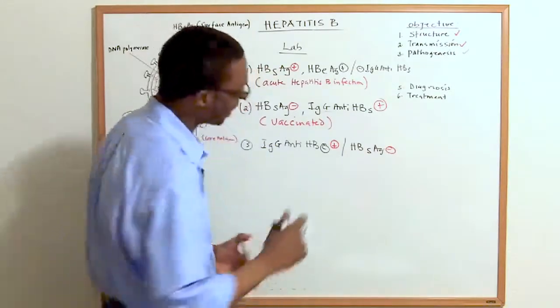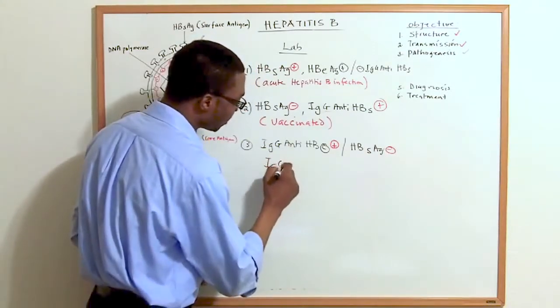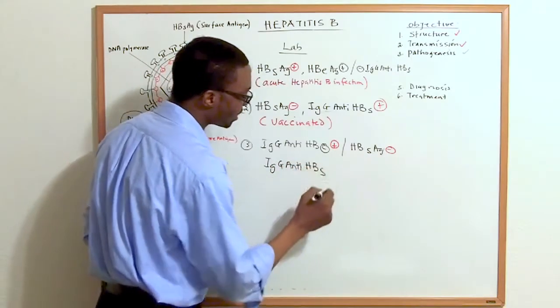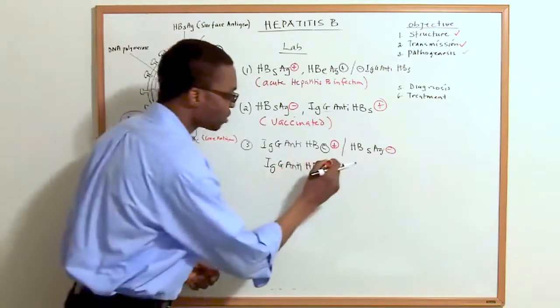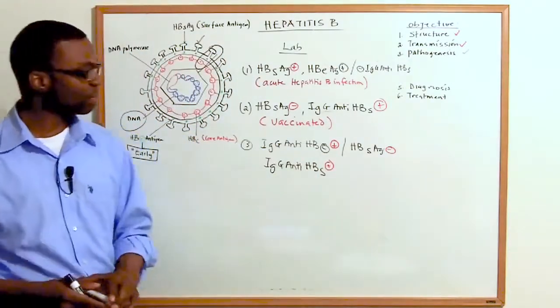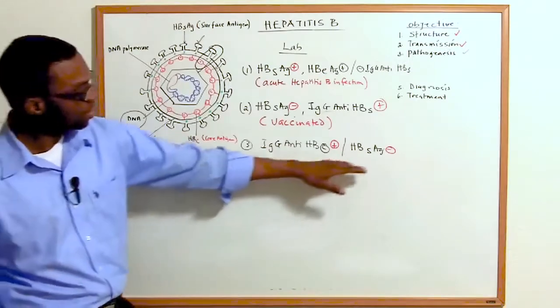Also, they have an IgG anti-hepatitis B surface antibody that comes back positive. What do you think the patient had? Think about it.